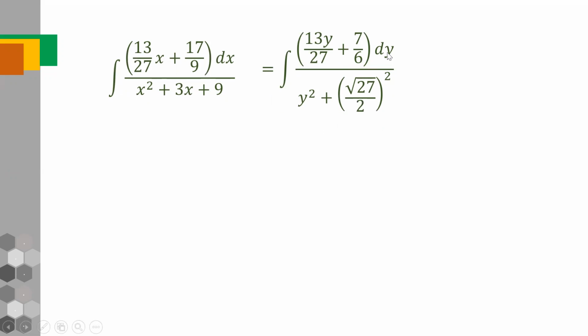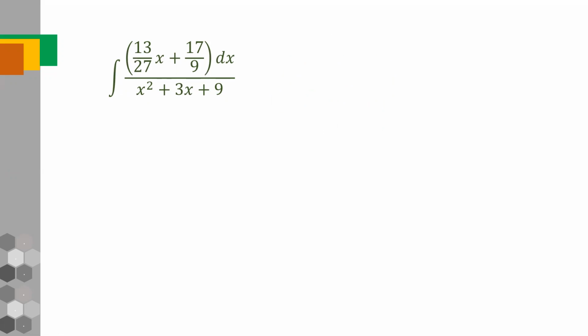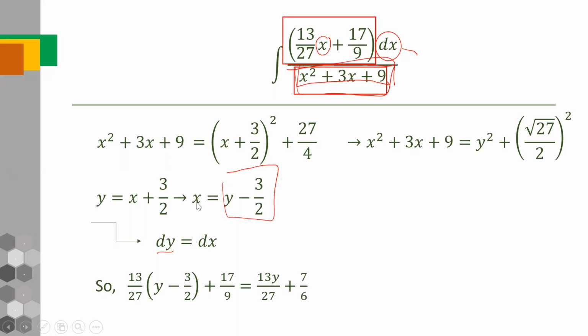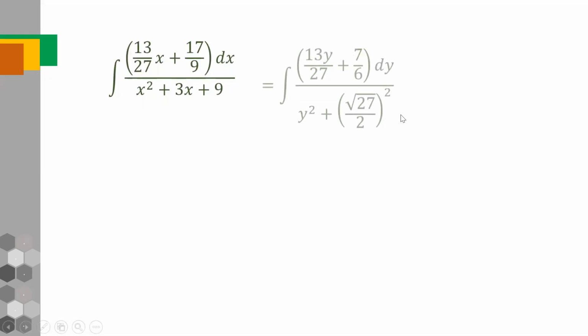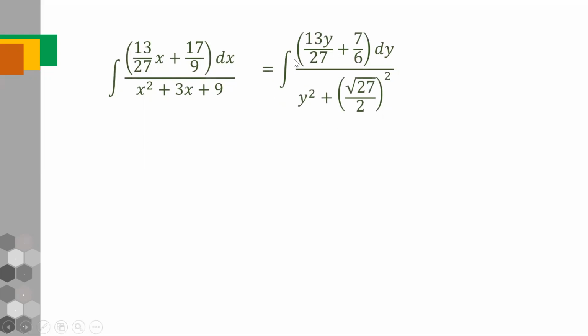So we do the substitutions. That means we substitute all these values for x, for dx, and for our denominator so that we get this integral form. We have the integral of 13y over 27 plus 7 over 6 dy all over y squared plus the square root of 27 over 2 quantity squared.